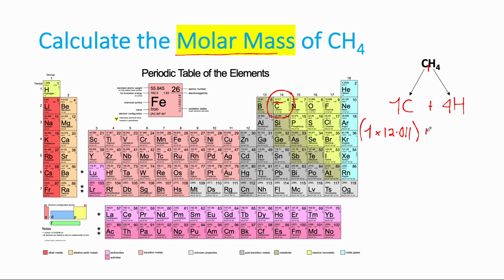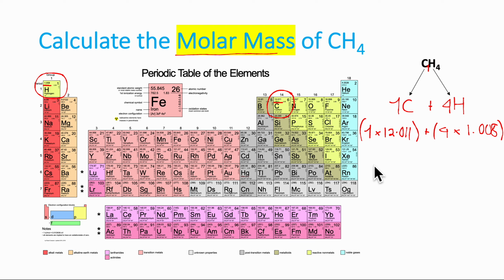After that, we add it with the hydrogens. There are four hydrogens, and each hydrogen, if we locate it here, weighs 1.008. Since we have four hydrogens, it's logical to multiply by 1.008 because there are four. So 4 times 1.008, because one hydrogen weighs 1.008.